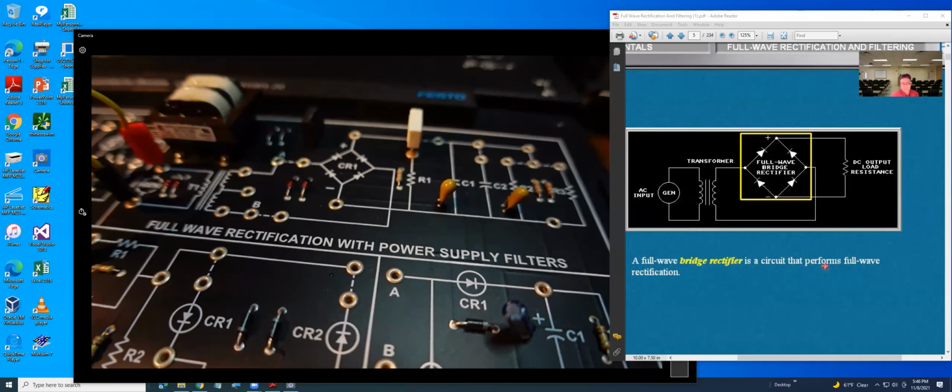Now, the first thing when you're looking into the circuitry is you have to know the name of the circuit. You understand that the name will be bridge rectifier, and basically you get 4 diodes.